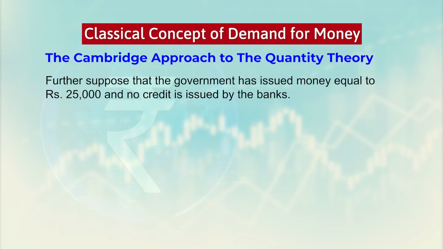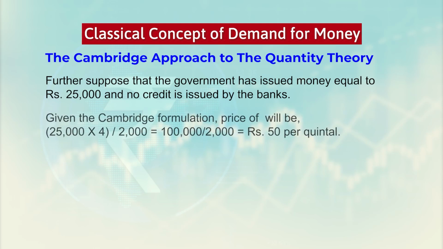So whatever you produce, that is going to be spent now in this year or in this month. So in this framework, with 2,000 quintals of rice and 25,000 rupees, if the velocity of money is 4 here, the price of the rice per quintal is going to be 25,000 multiplied by 4, where 4 is the velocity of money, divided by 2,000. It comes down to rupees 50 per quintal.